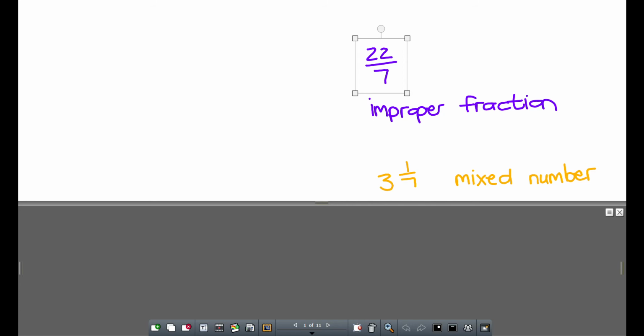So 21 is still within that number that I've got as my numerator. So that's how I knew it went in 3 times. And if I took 21 of those 22, it meant that 1 was left. And you will see the denominator still stays over 7. Okay. Any questions there?